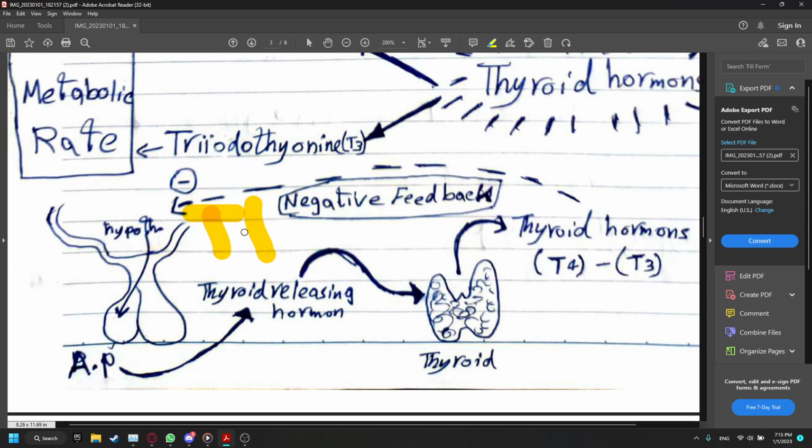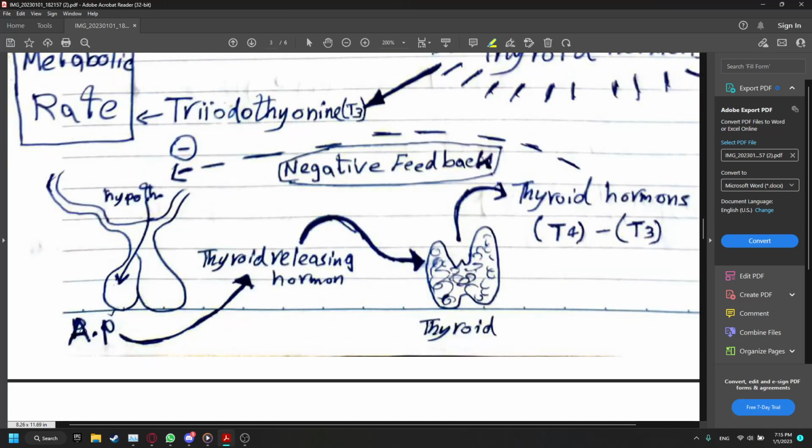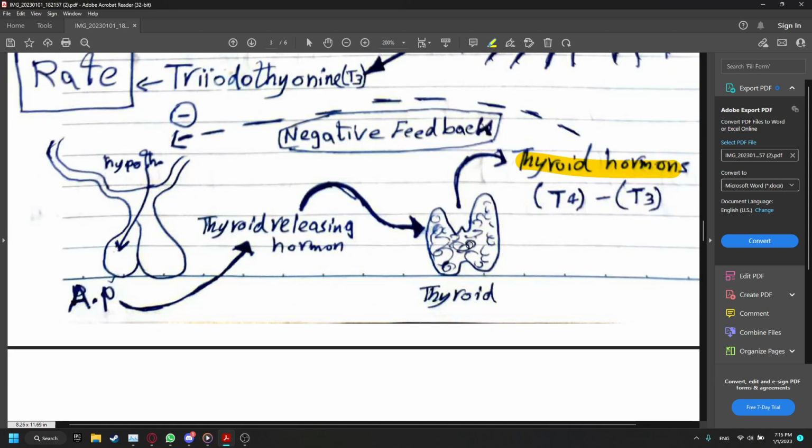And low TRH levels means low levels of TSH, thyroid stimulating hormone, which comes from the anterior pituitary gland. Low thyroid stimulating hormone doesn't stimulate the thyroid, then you have less thyroid hormones here.